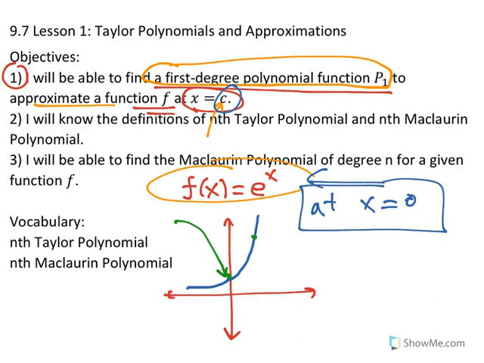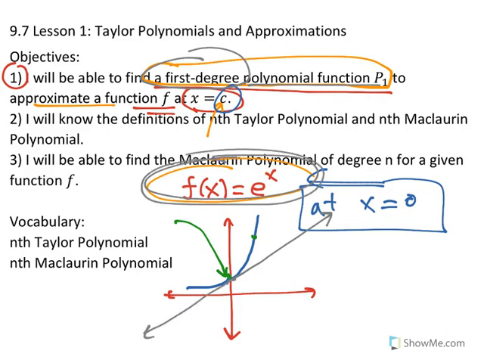So conceptually, this is what we're going to do. We're going to find the equation of a line, because we're going to be finding a first degree or a linear function to approximate f of x is equal to e to the x. So what we will do is we're going to find the equation of the line that is tangent to the graph of f of x is equal to e to the x at x is equal to 0.